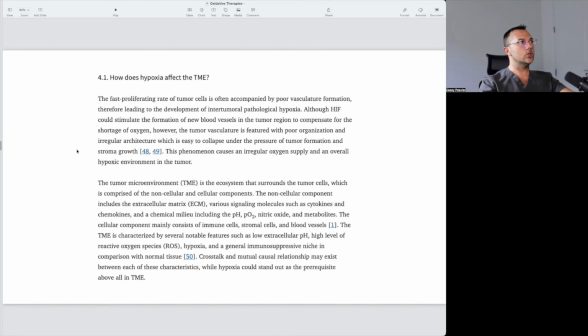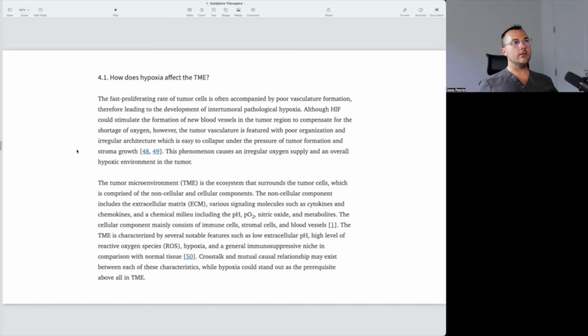Although HIF could stimulate the formation of new blood vessels in the tumor region to compensate for the shortage of oxygen, however, the tumor vasculature is featured with poor organization and irregular architecture, which is easy to collapse under the pressure of tumor formation and stromal growth. This phenomenon causes an irregular oxygen supply and an overall hypoxic environment in the tumor.